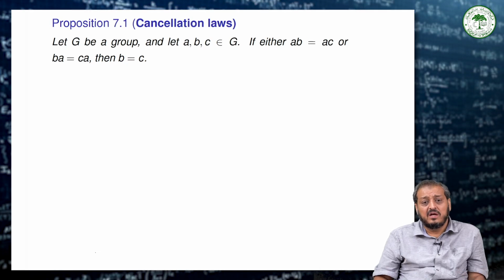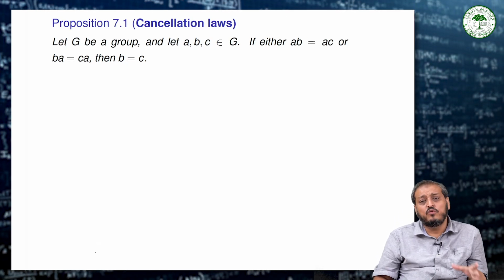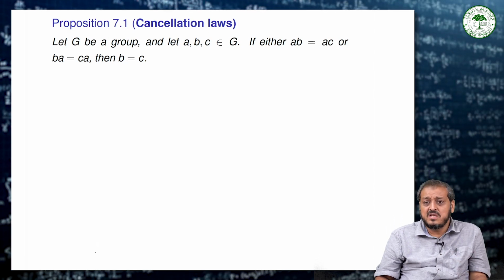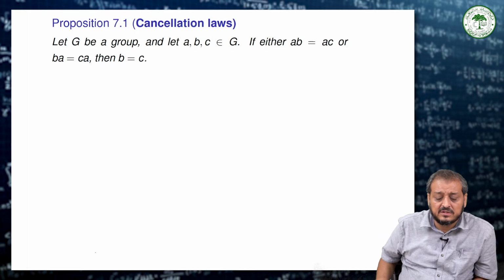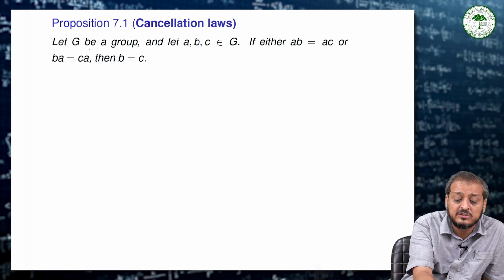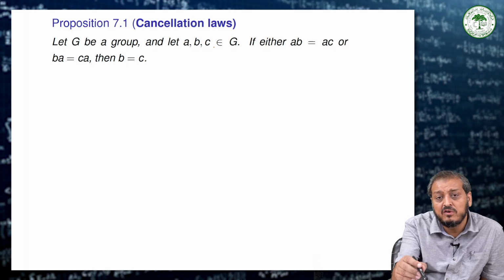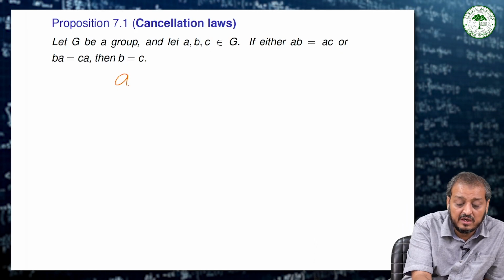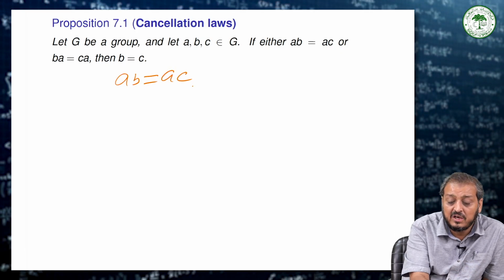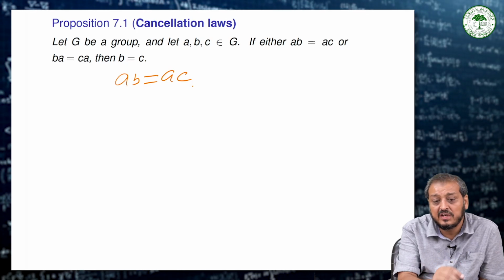We just have to give the proof of this. Simply, if AB is equal to AC, where A, B, C are elements of G, and every element of a group has an inverse, then the inverse of this element exists.